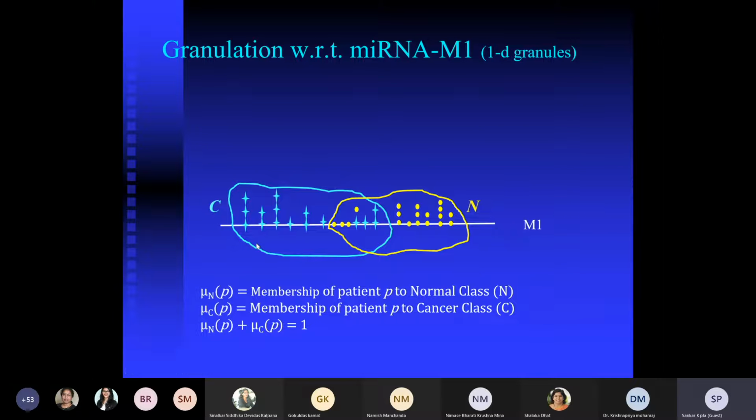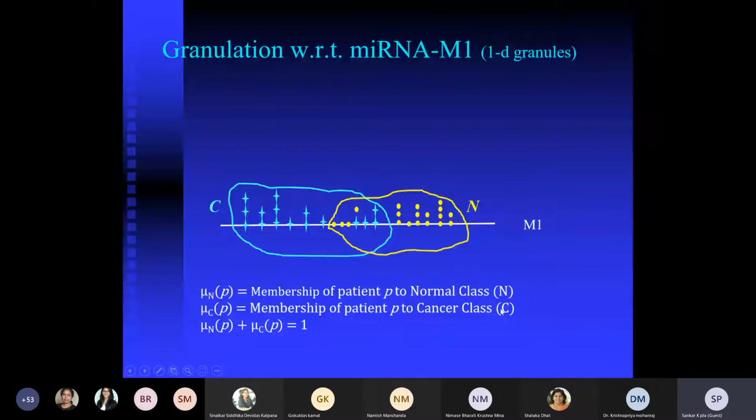So let's compute the membership value of a patient P to the normal class, for all patients. Similarly, membership values for a patient P to the cancer class, mu n and mu p.